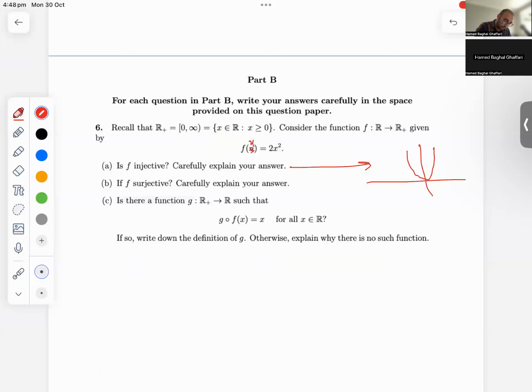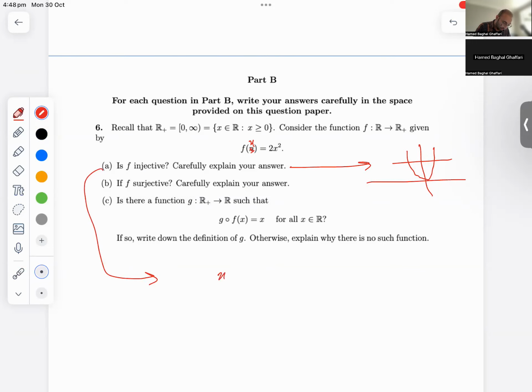The horizontal line test tells us that an injective function should cut the curve at most at one point. So this test shows that the function is not injective, and we don't need to prove this, for we can give a counterexample.